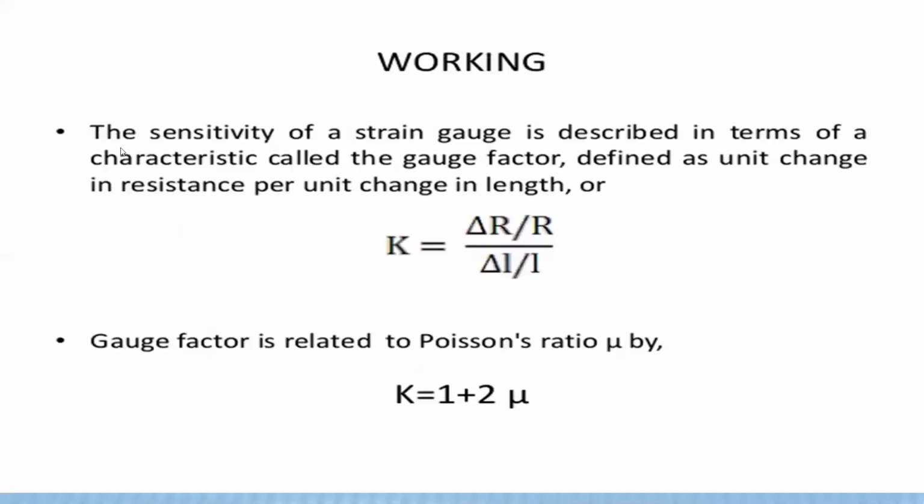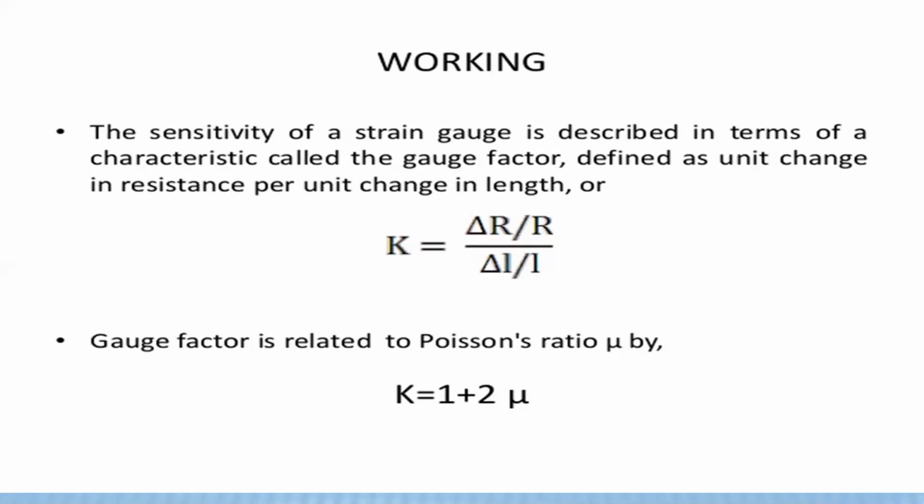you can see what the gauge factor is in this. What is the formula of gauge factor? The sensitivity of a strain gauge is described in terms of a characteristic called gauge factor. This is the sensitivity of the strain gauge: the mechanical elongation and compression are converted into electrical resistance change. This is called gauge factor.